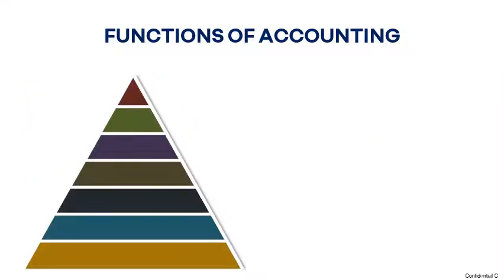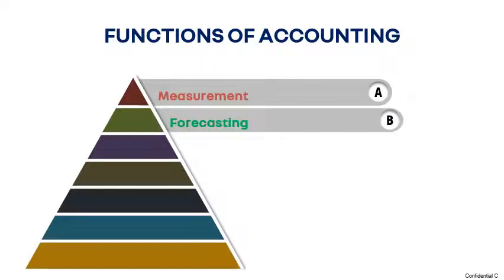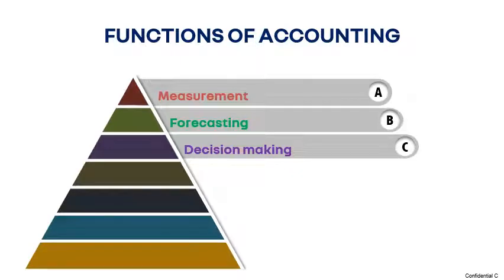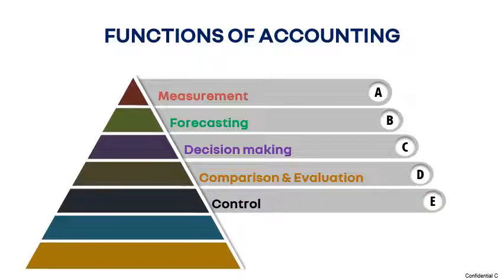Let us see the functions of accounting. The first function is measurement. The second one is forecasting or predicting. The third one is we can make decisions. The fifth one is comparison and evaluation with other companies. The next is we will have better control over the organizations.